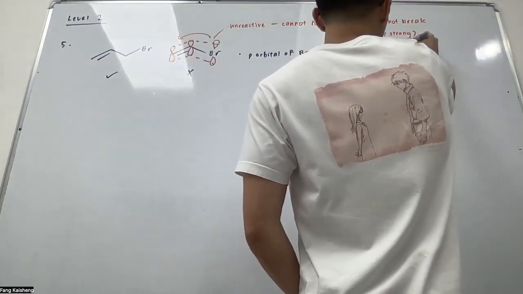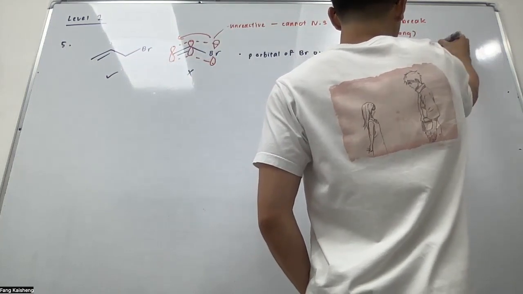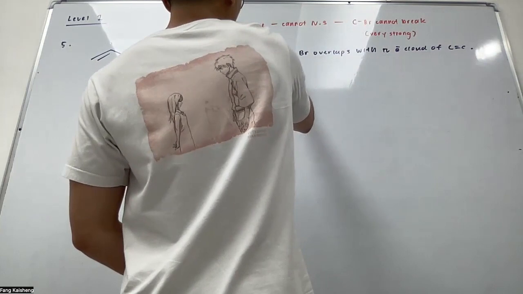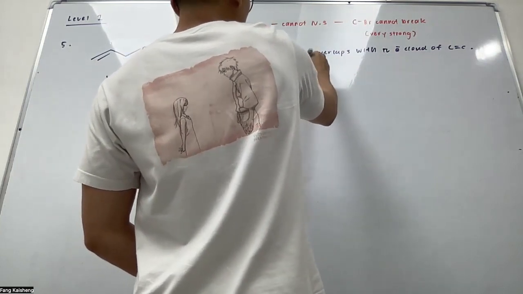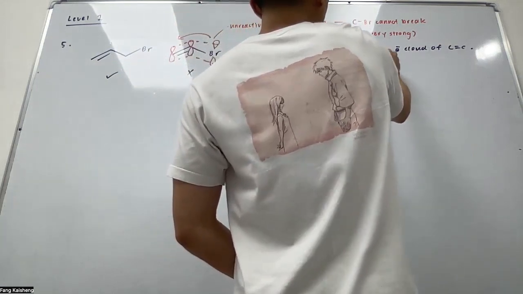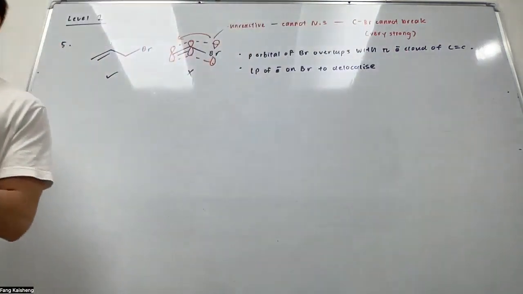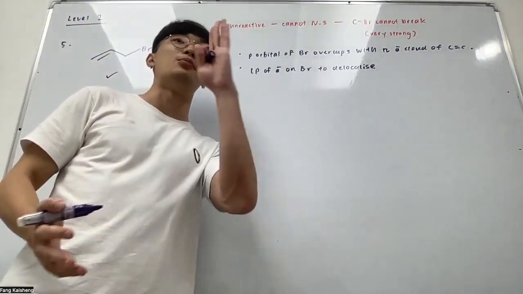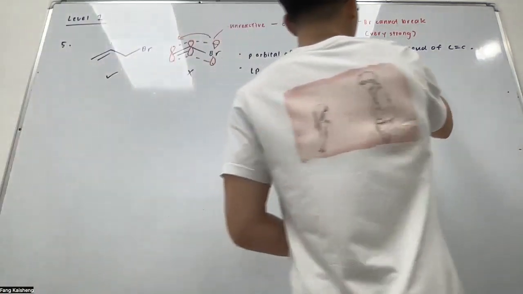You can also say overlap with the pi electron cloud of the double bond. Then this will allow the lone pair of electrons of bromine to delocalize. This delocalization results in partial double bond character, where the bond is neither a single nor a double bond, it's somewhere in between, right?